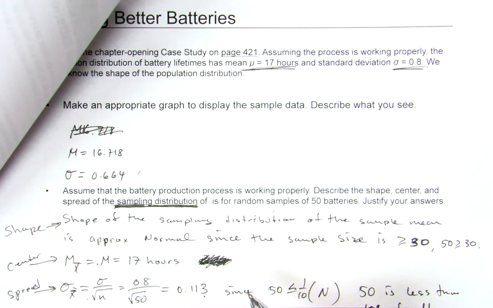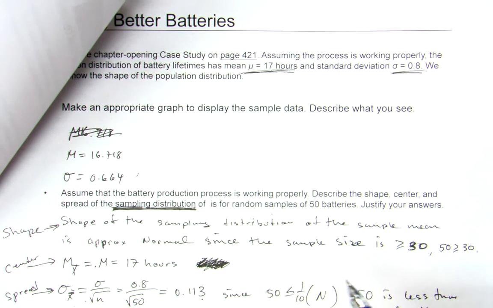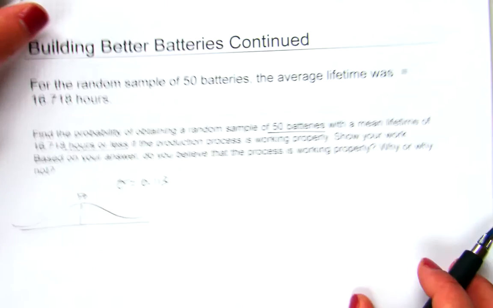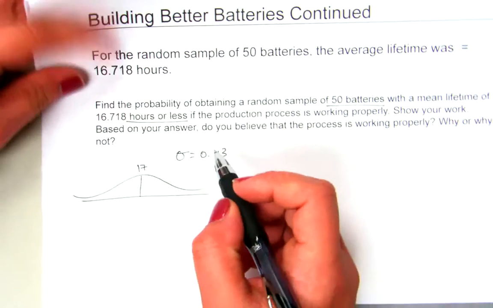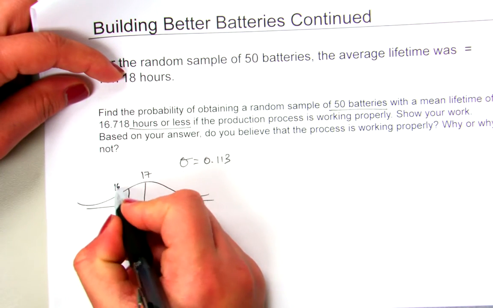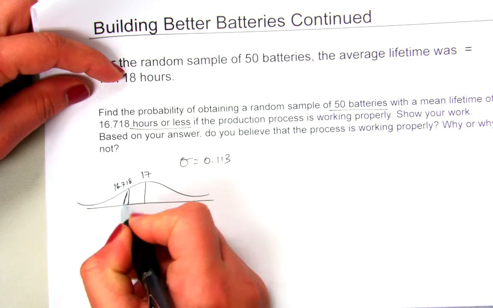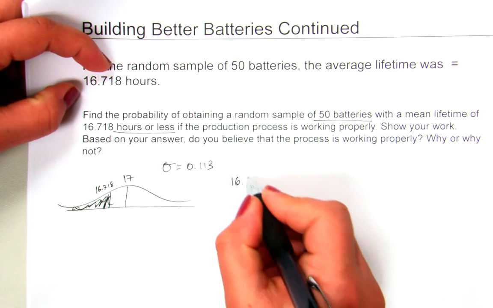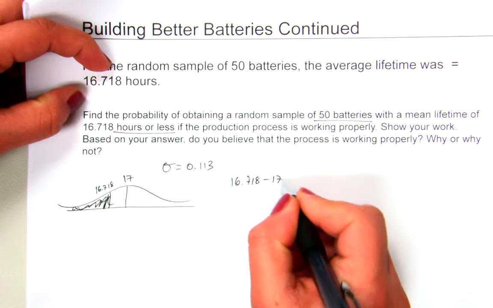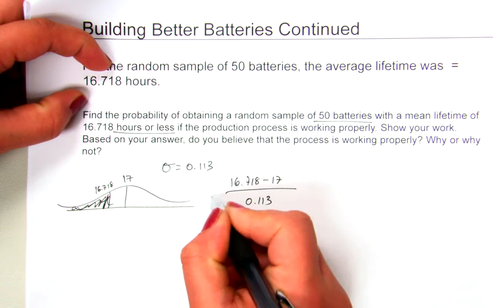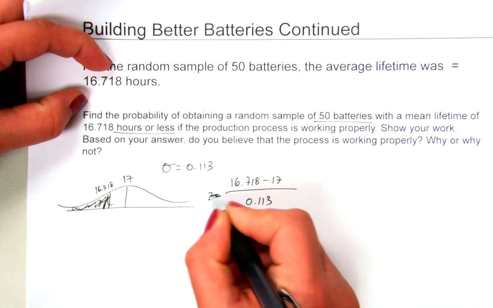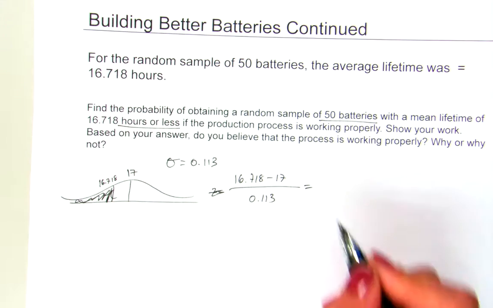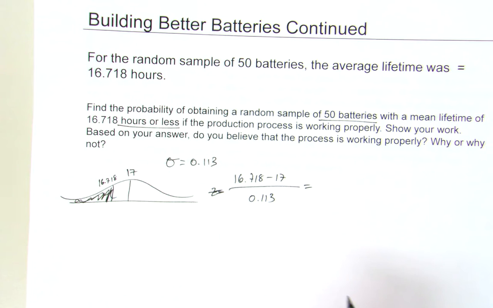So we have 15. Okay, sorry. We want to know if it's at 16.718 and less. Okay, so this should go pretty quickly. So 16.718 minus 17, divided by 0.113. Z-score should give us, where's my work? I'm going to have to redo this, but I'm not sure.